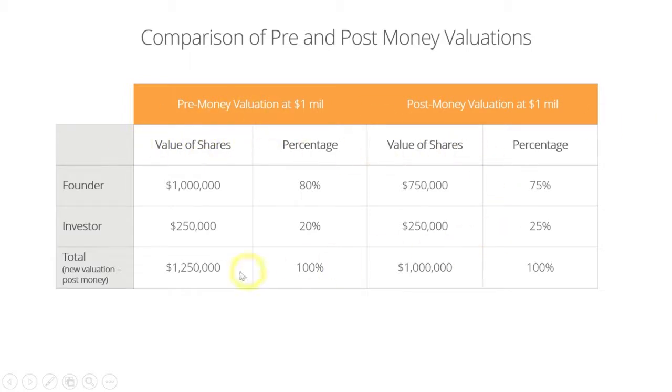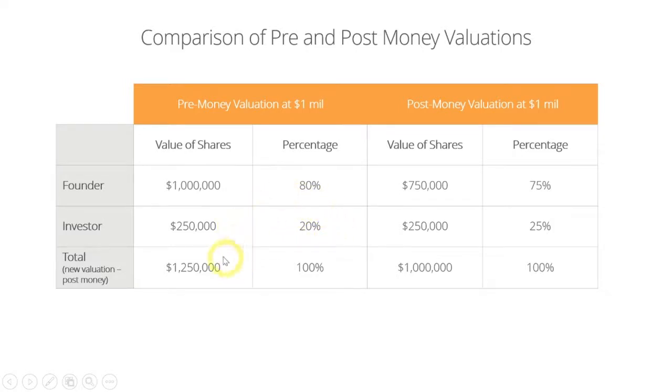If we calculate it based on pre-money valuation, the founder owns shares valued at 1 million, which is 80% of the total shares, and the investor we spoke to just now, who will invest $250,000, would get 20% shares.